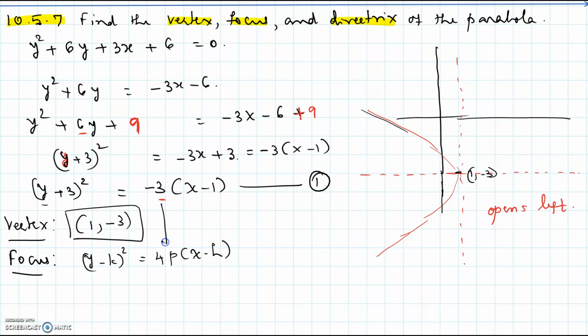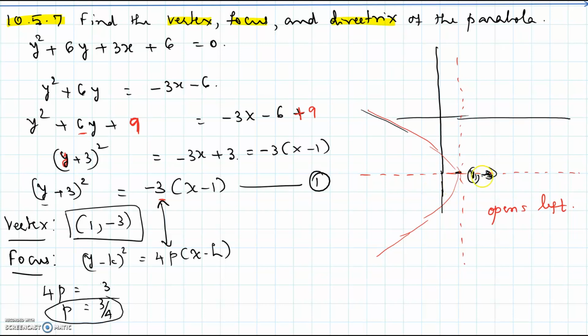Looking at these two expressions, we notice 4p equal to negative 3, or if we focus only on the distance, 4p equal to 3, or in other words, p equal to 3/4. So it's only the numerical value, p equal to 3/4. We already have the vertex placed at (1, negative 3).